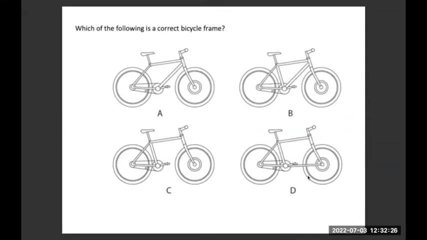Okay. So here you're given different kinds of bicycle frames. You have to guess which is the correct bicycle frame. What they've done is made some changes in the bicycle frames, and you have to guess which one is the correct one.